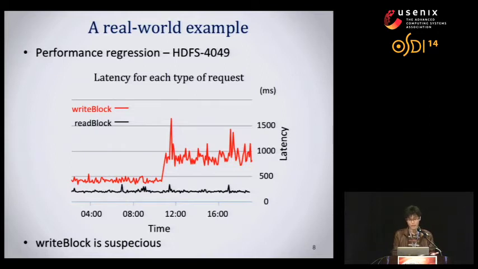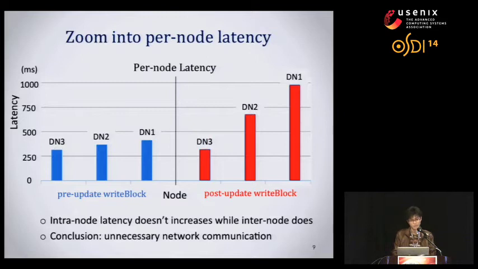From this graph, it is really clear that after the HDFS update, the latency for write block jumps, but not for read block. So the user might further want to compare a normal write block request with an abnormal write block request after the HDFS update.